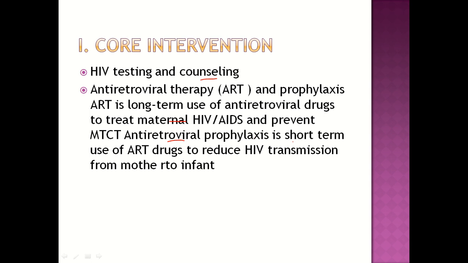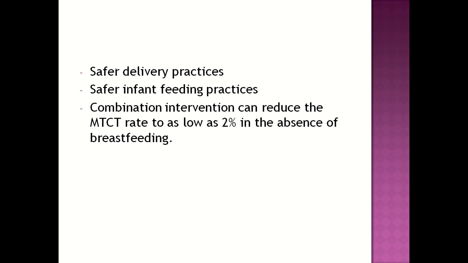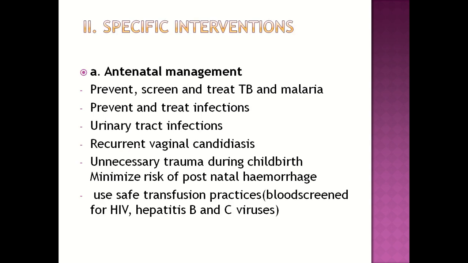Antiretroviral prophylaxis is short-term use of ART drugs to reduce HIV transmission from mother to infant. So you do safer delivery practices, you do safer infant feeding practices. Combination intervention can reduce mother-to-child transmission rate to as low as 2% in the absence of breastfeeding.